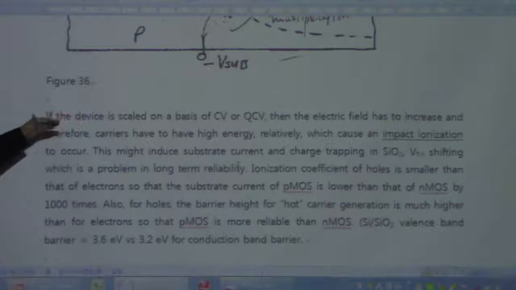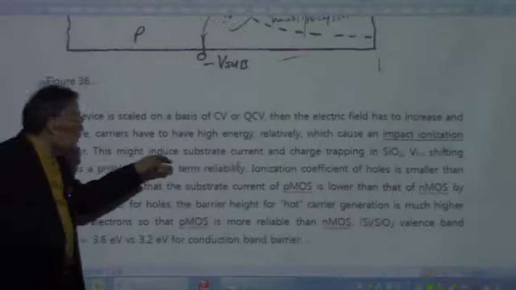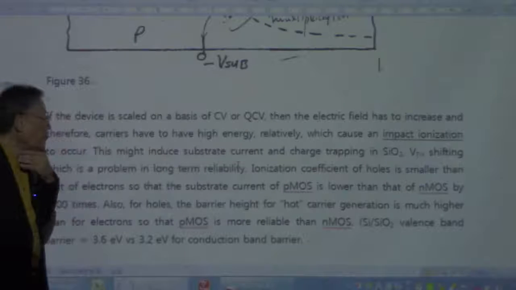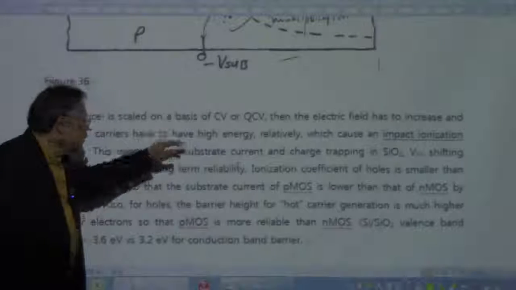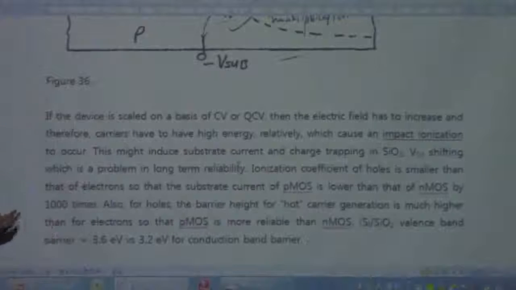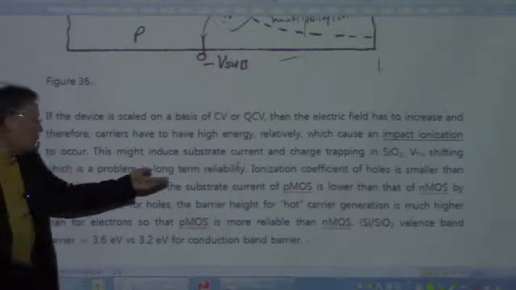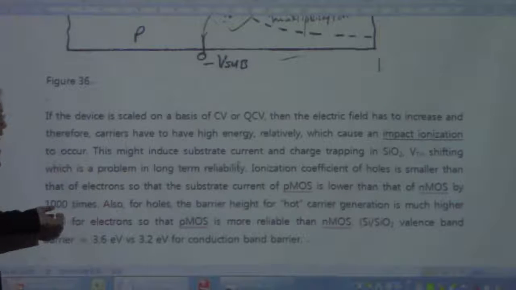That impact ionization is going to induce substrate current and charge trapping in silicon oxide, which causes a shift in the threshold voltage after some use, okay, with time, which is a problem for long-term reliability.